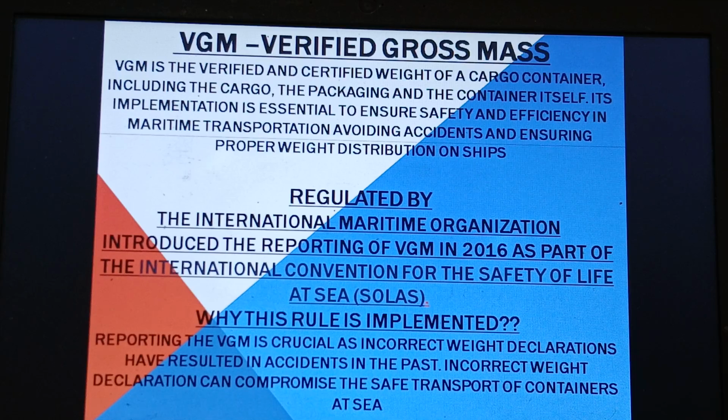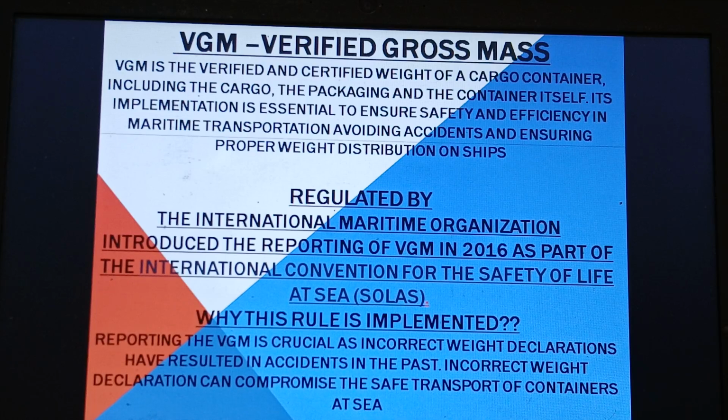That is a mandatory requirement as of now. So once your proper gross weight is declared, you can send it to the shipping line and your container will be loaded. This is the most important thing. That is why you need to understand better what the VGM is and who the regulated body is.